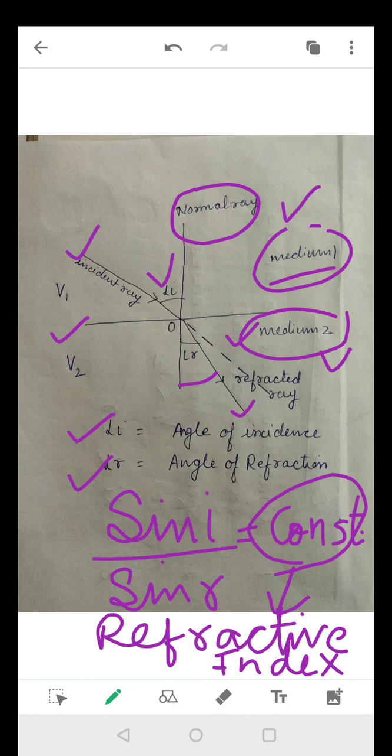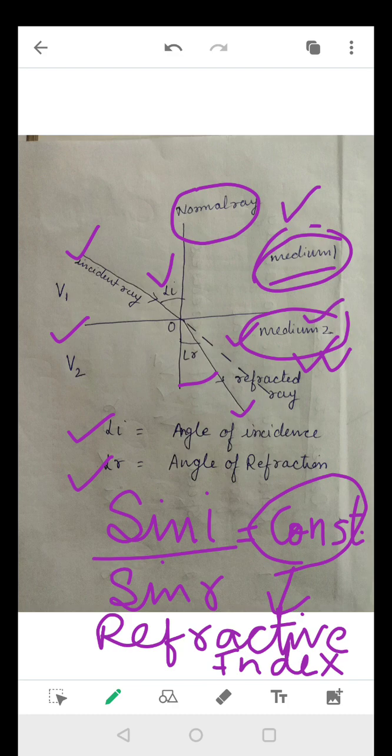जब मैं मीडियम 1 का रिफ्रैक्टिव इंडेक्स निकाल रही हूँ, तो मुझे इसे मीडियम 2 से कंपेयर करना है, राइट? Meaning I am calculating the refractive index of 1, but I have to compare it with medium 2.